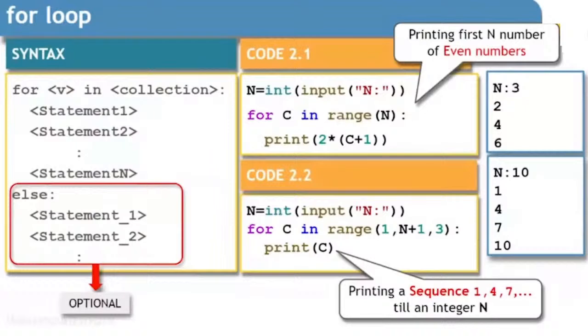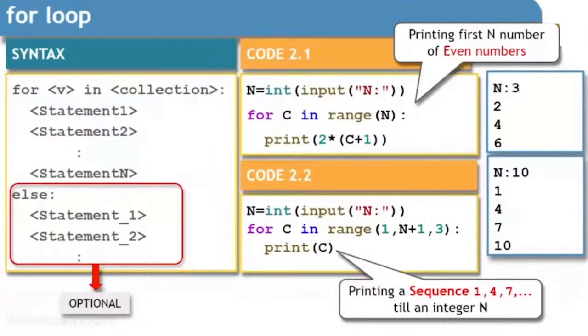What happens in this syntax? We have to take one identifier which will take its value from this collection, and this collection could be any string. This collection could be any list, any tuple or a string or range.